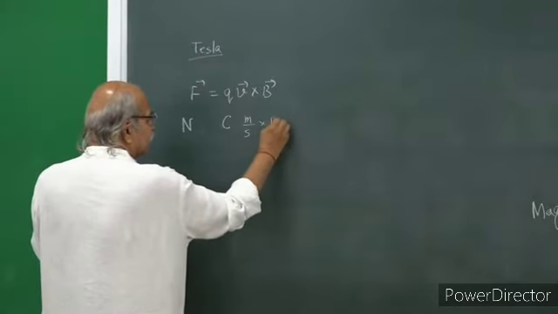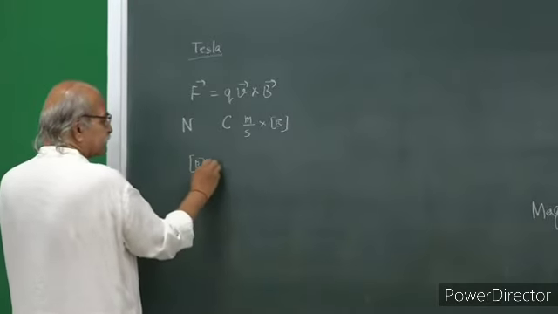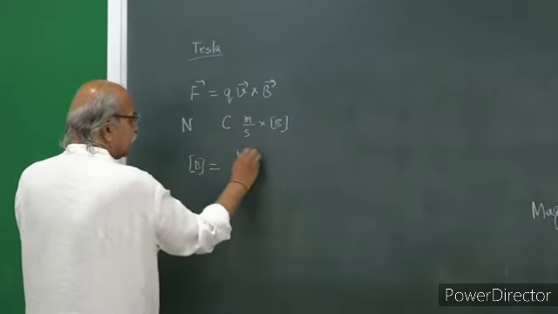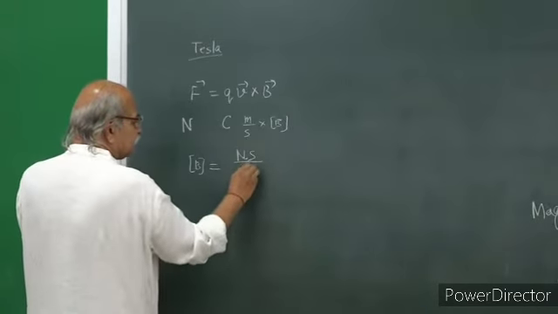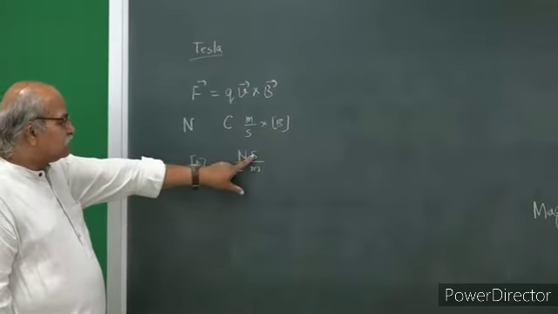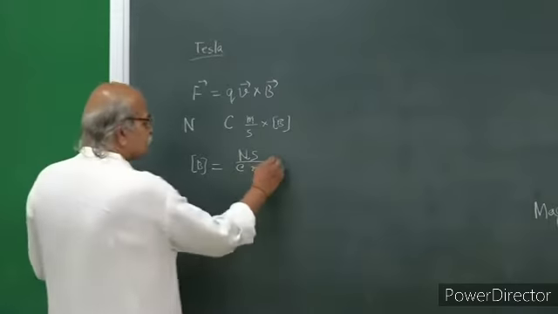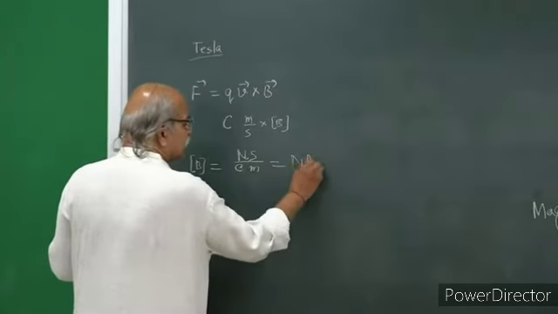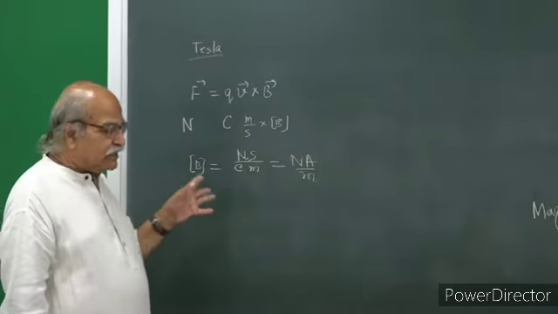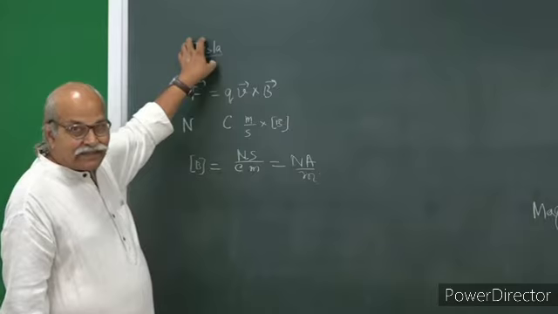The unit of magnetic field is then Newton-second per meter per Coulomb. And Coulomb by second is current. So, this is Newton per ampere per meter. That is the SI unit, and this is given a separate name, that is Tesla.